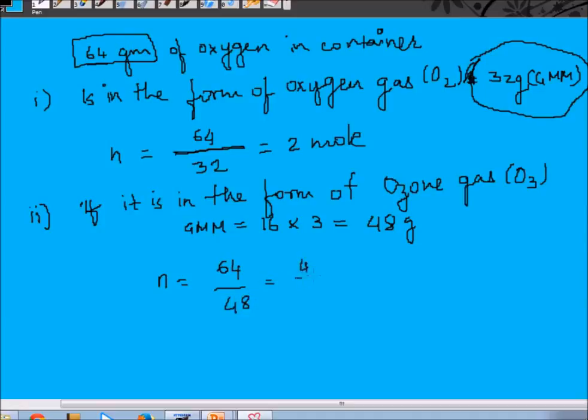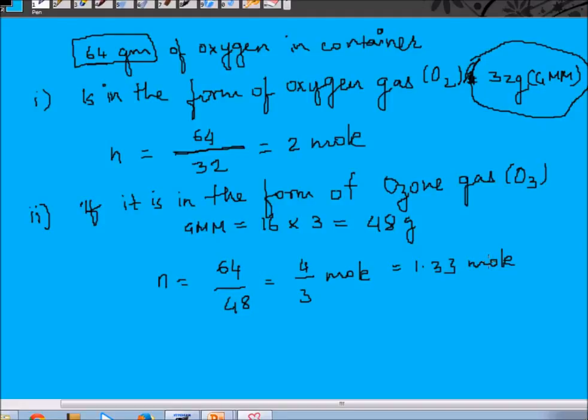So this is 4 by 3 mole, approximately 1.33 mole. Approximately these many molecules of ozone are present inside the container. So this is how you use this formula.